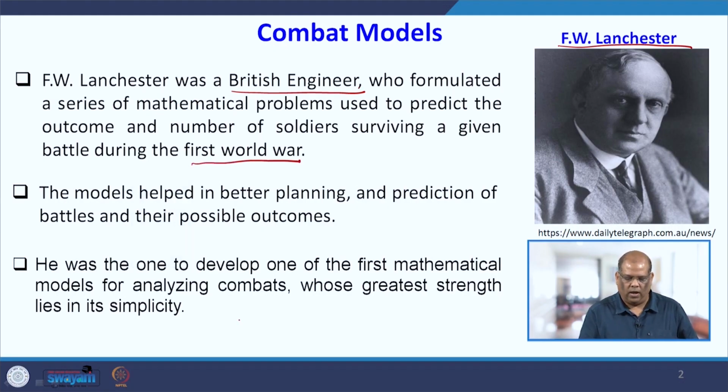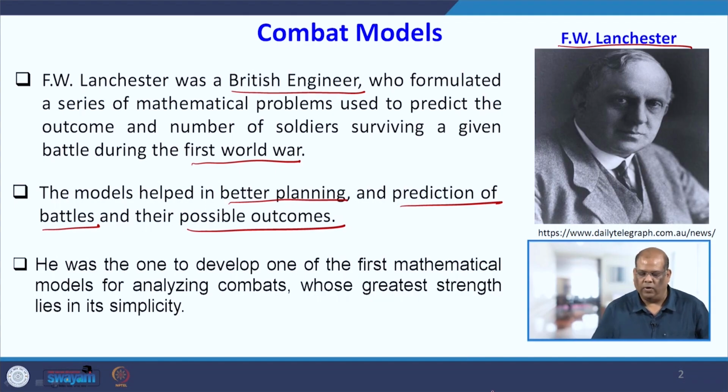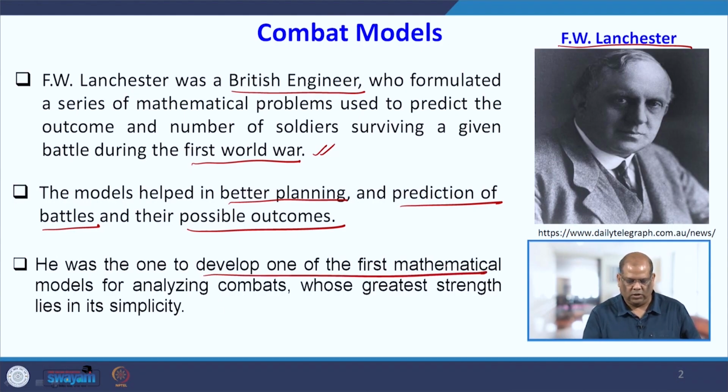This model helped in better planning and prediction of battles and their possible outcomes, and was a huge success during the First World War. He developed one of the first mathematical models for analyzing combat, whose greatest strength lies in its simplicity. So, let us look into the model.